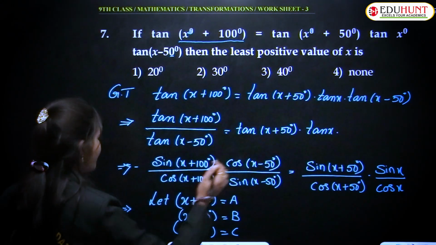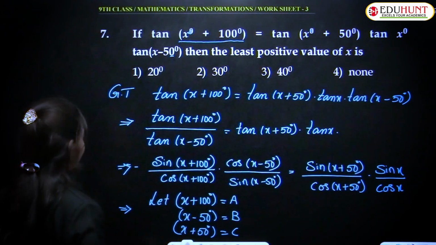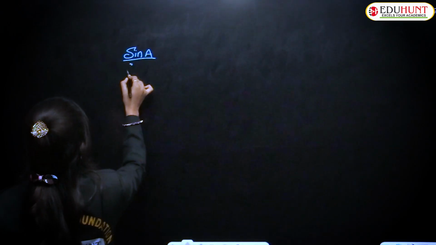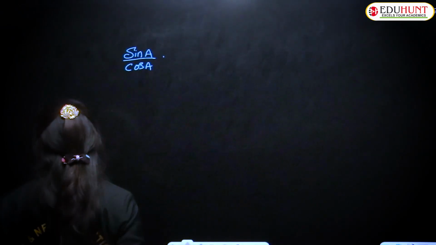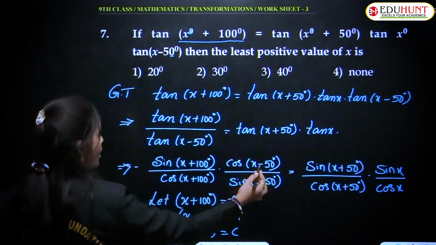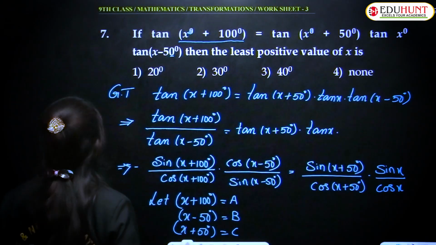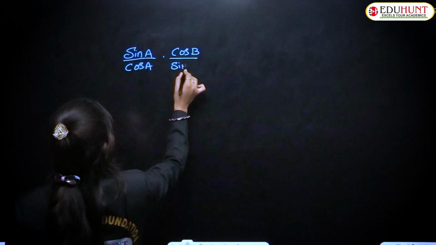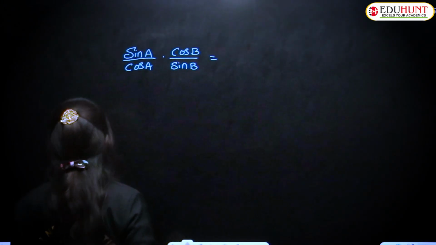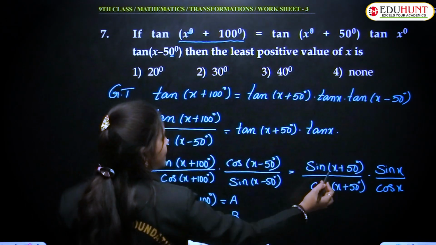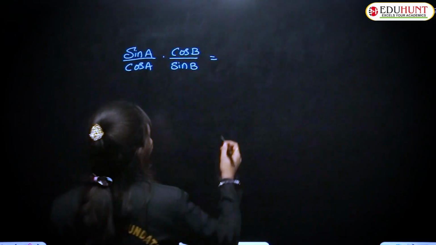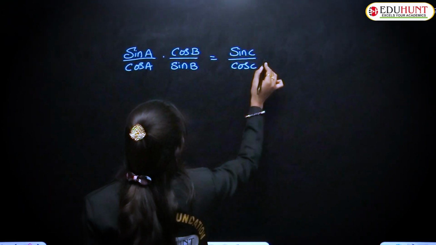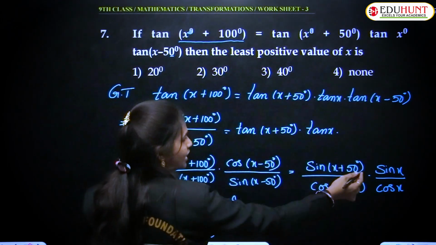Now this one we can write as sin A by cos A into cos B by sin B, which is equal to sin C by cos C into, no need to change this one, why?